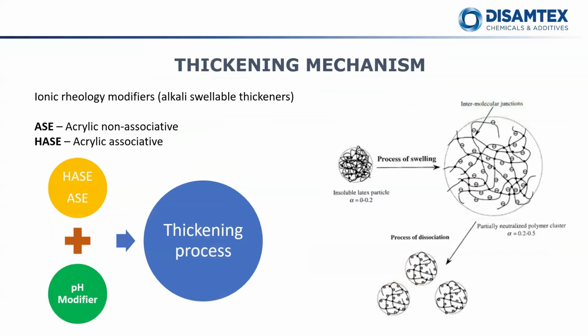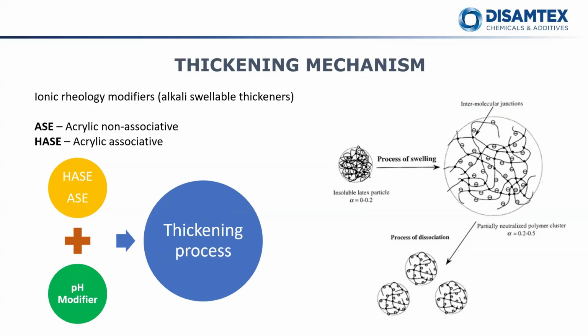We're not going into detail about the thickening mechanism. I just wanted to present you with a short explanation that pH strongly affects viscosity because many thickeners used in paints, such as associative thickeners, acrylic thickeners, or cellulosic ones, are pH sensitive.